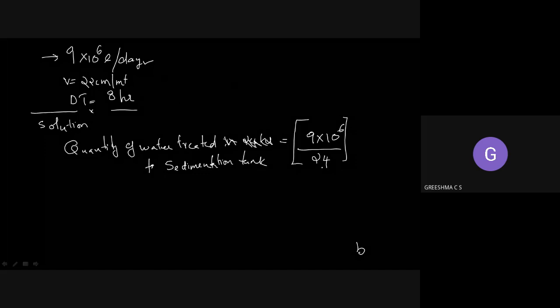If you convert into hours, divided by 24, and the detention period that is given is 8, so into 8. So 9 into 10 raised to 6 divided by 24 into 8 hours. So you will get it as 3 into 10 raised to 3 meter cube.